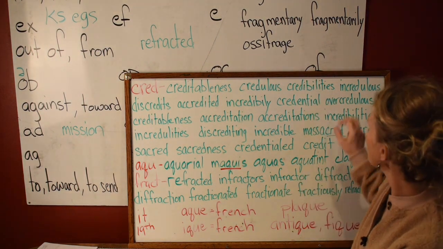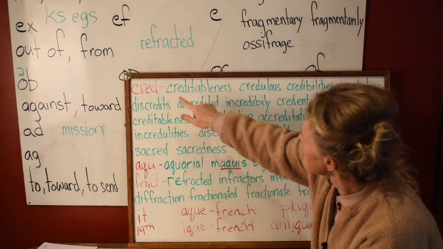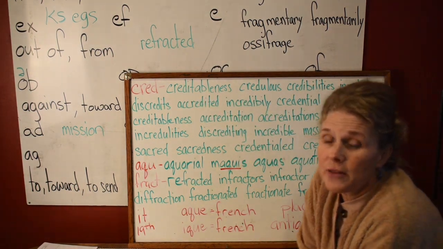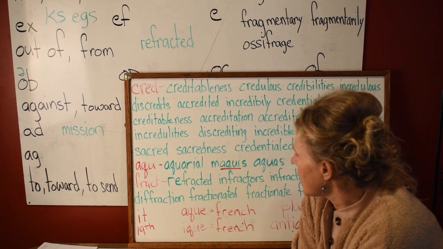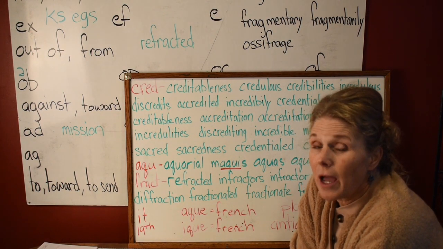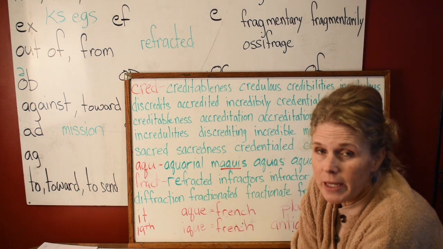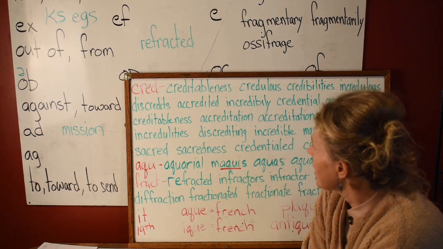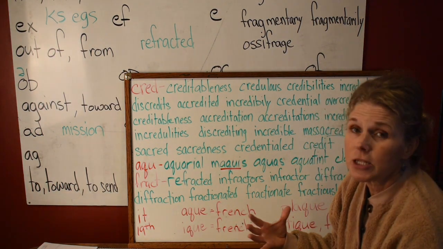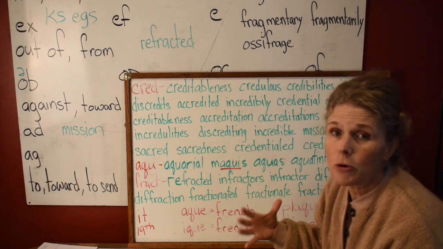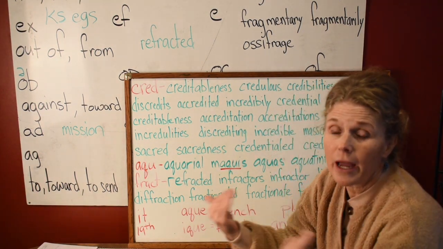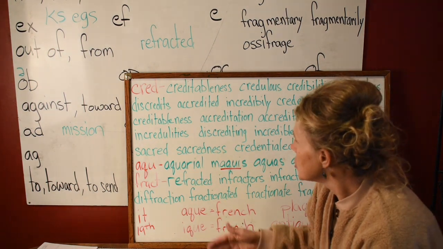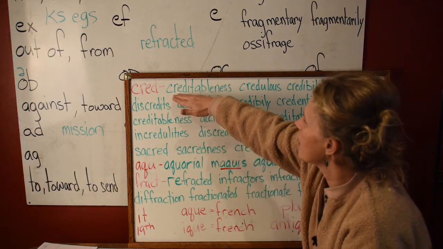Now, credit comes from the 19th century. And I couldn't find anything on what it actually means, but it happened in England, and it just means that people could give things to somebody to pay it back. Okay? So basically, that's what credit means.